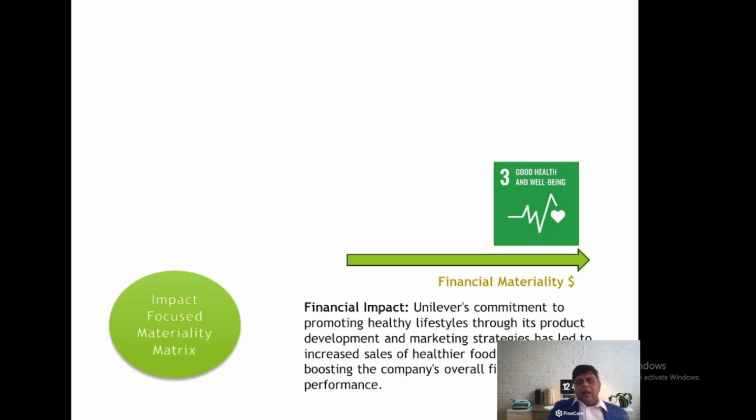As part of its agenda and its objective, Unilever made a commitment for the healthy lifestyle or improvement in the lives of the people through these activities, and embedded this in its strategy. And through its operational effectiveness and successful marketing strategy, the organization was able to generate huge profit and increase sales. So this becomes financially material. So this information is disclosed as part of the disclosures under sustainability.